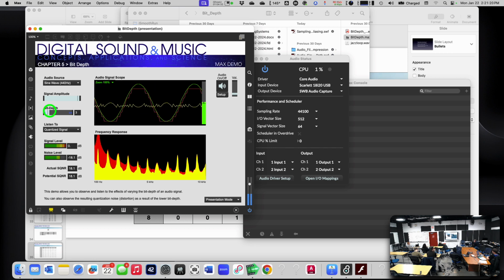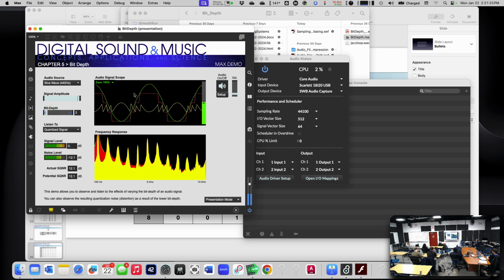Let me go down to 2 bits. Okay, the red wave is the digital wave. And it's building it as though it's like a step. And so there's a lot of values that are getting quantized into something different. And it has to do something with that extra energy, and that turns into noise.